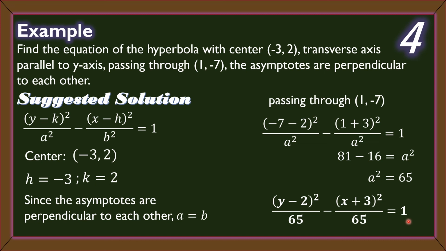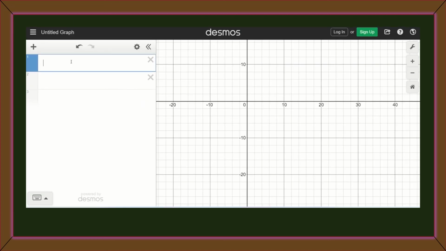One way to check whether our final answer is correct is to graph the equation of the hyperbola and check whether the properties are met. So let us graph (y - 2)^2/65 - (x + 3)^2/65 = 1.